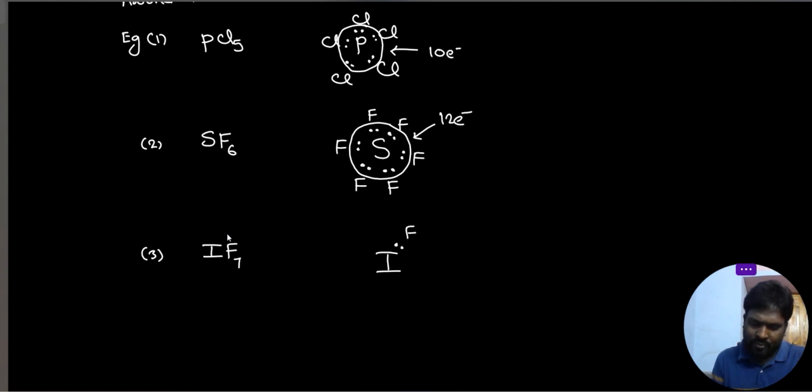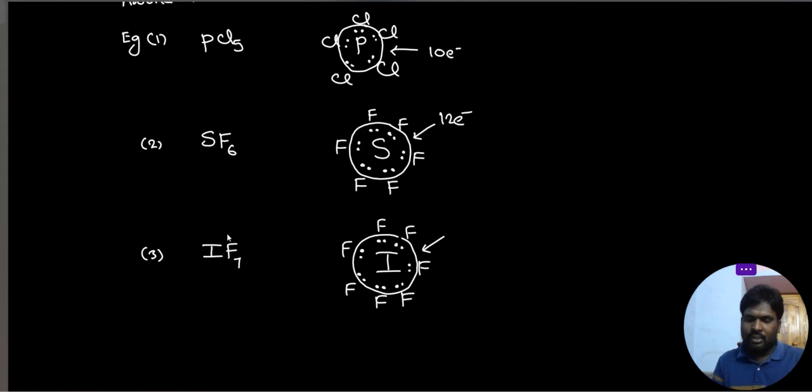Around the iodine, 7 fluorine atoms are there. How many fluorine atoms? 7. Now, 7 fluorine atoms means 7 bond pairs, 7 twos are 14 electrons, greater than 8 electrons.